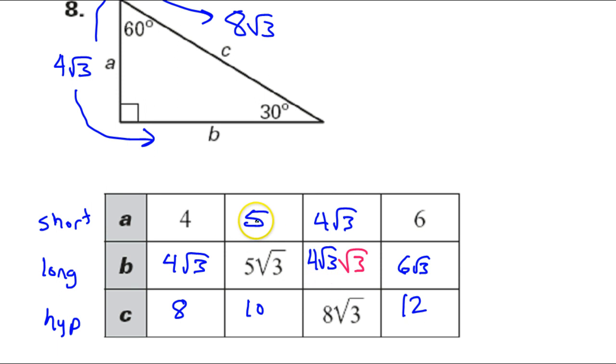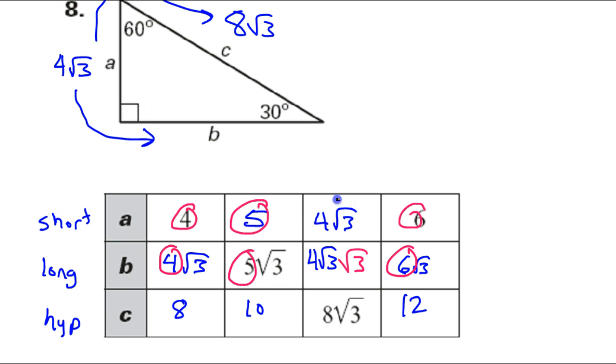When we have 5 as a short leg, the long leg was 5 radical 3. 6, 6 radical 3. 4, 4 radical 3.